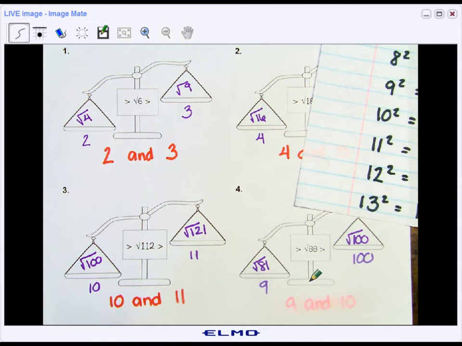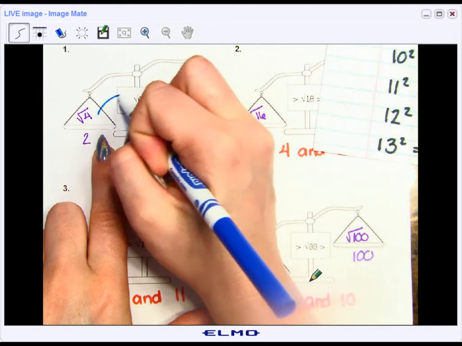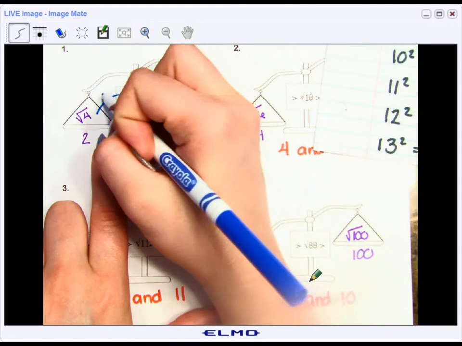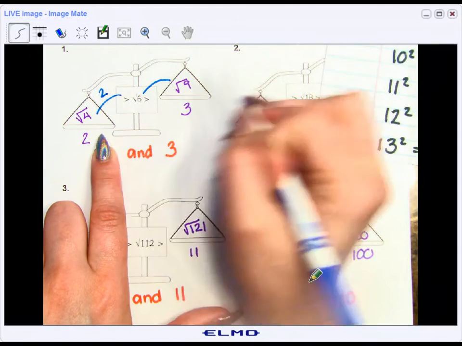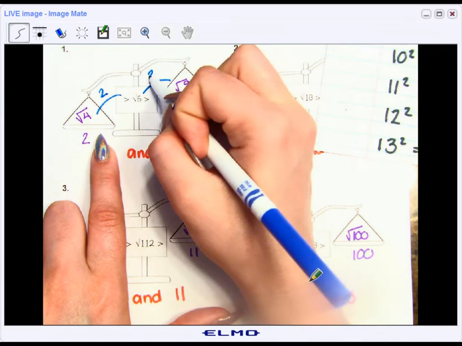So I'm going to do some math. I'm going to look at the distance or the difference between 4 and 6. I know that 6 minus 4 is 2. Whereas the difference or distance between 6 and 9, or 9 minus 6, is 3.